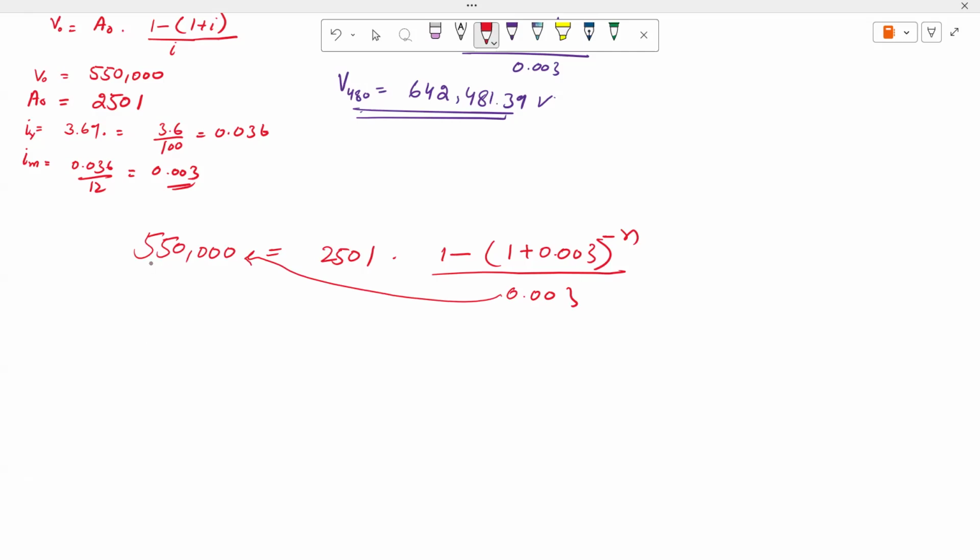So if you multiply 5,50,000 with 0.003, you would get 1650 equals 2501 times 1 minus 1.003 to the power minus n. Now 2501 is getting multiplied on the right side of the equation. If I take it to the left side, it will get divided.